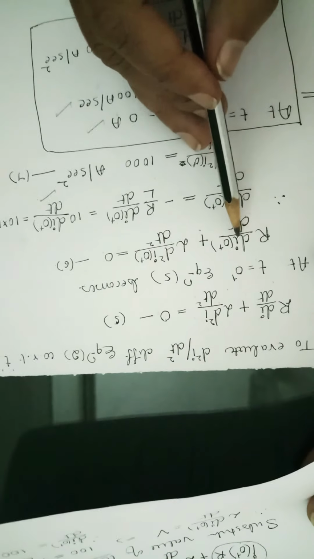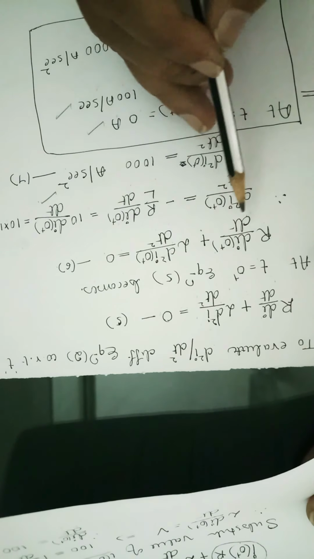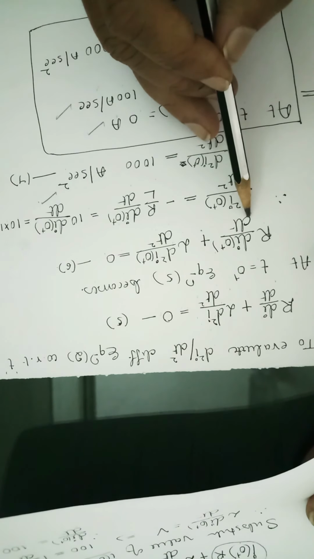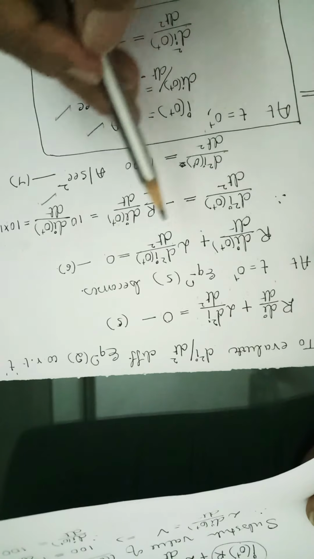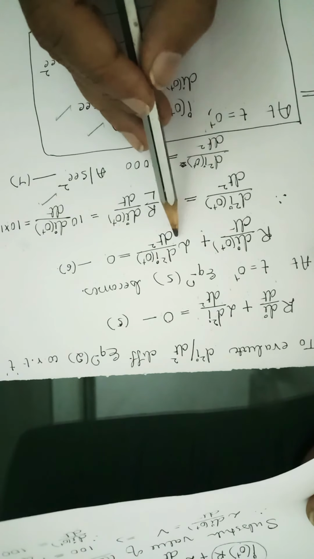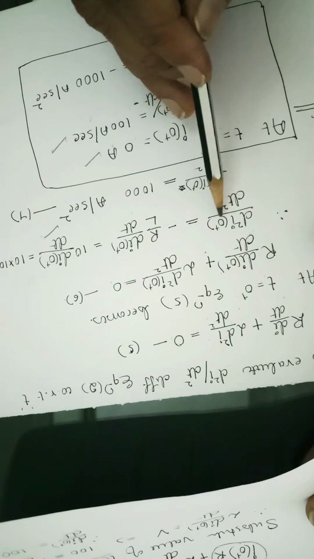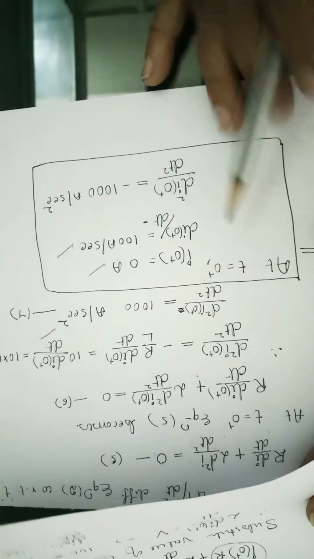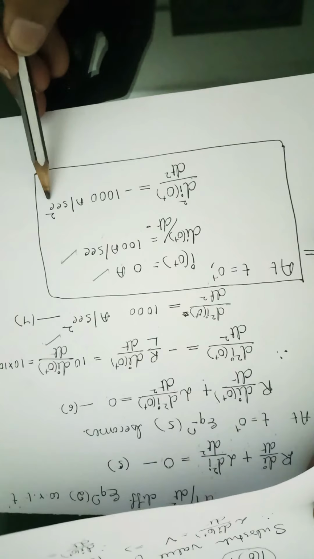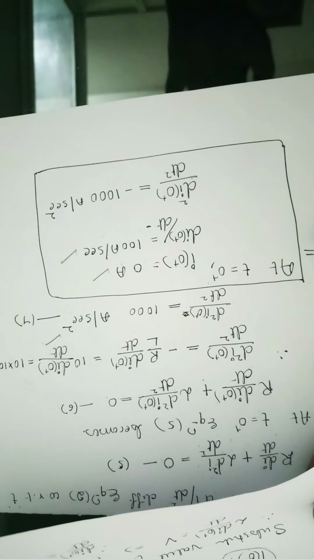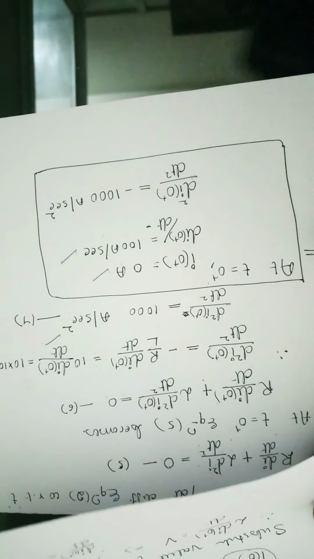Substitute the value of di(0 plus)/dt from the previous analysis, and we will get d²i(0 plus)/dt² equal to 1000 amperes per second squared. So this is the complete solution of the given example.